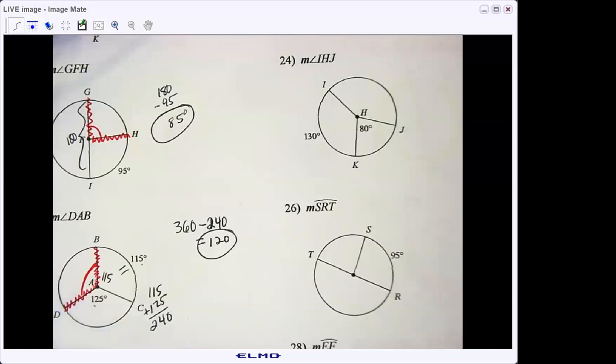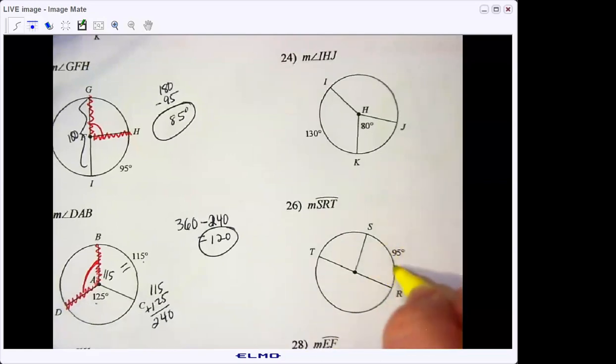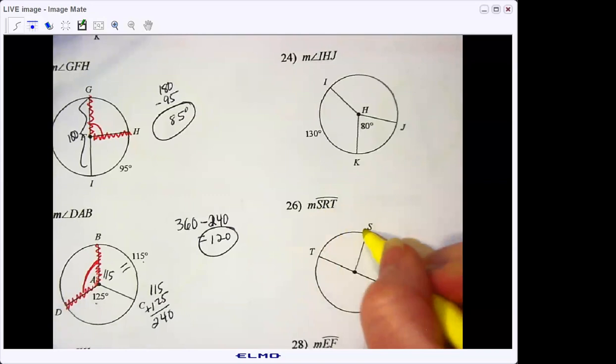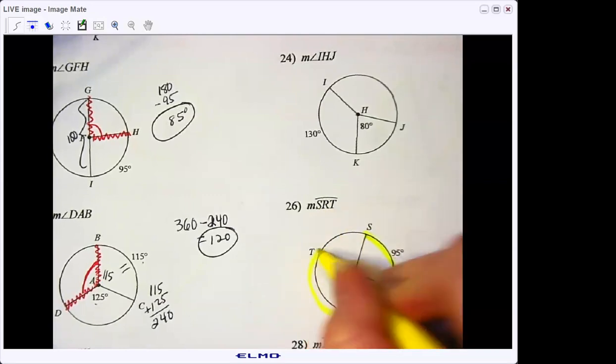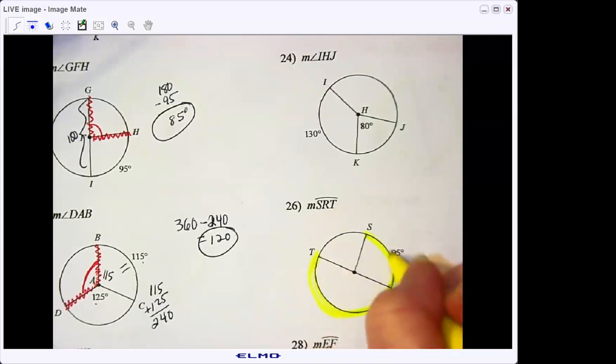Okay, this one's a little more tricky. We want the arc that goes from S to R to T. So S to R, and then R to T. S to R to T. And put your answer in the chat box.